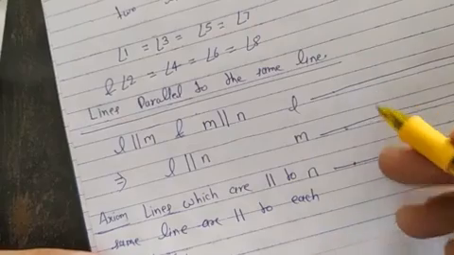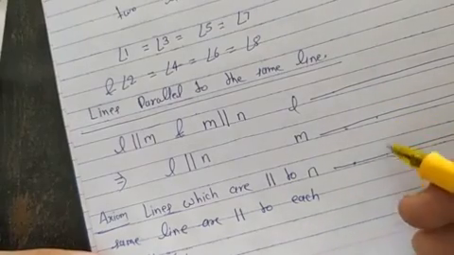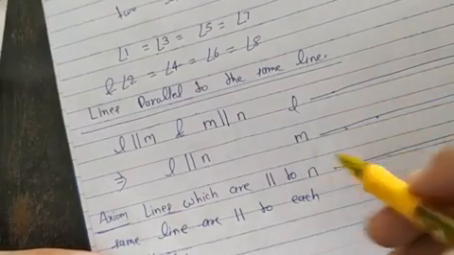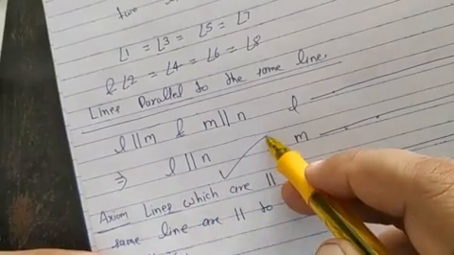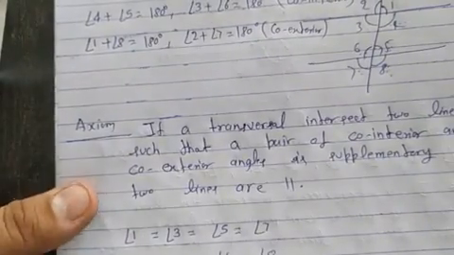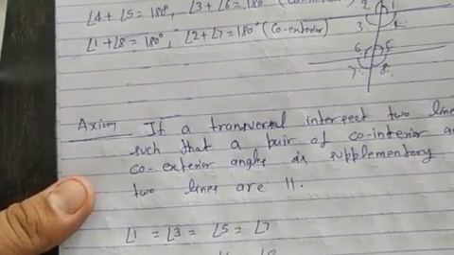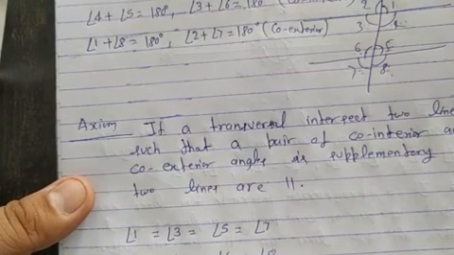Here L is parallel to M and N is parallel to M, that's why L is parallel to N. Okay, so this is the whole concept related to our next exercise.